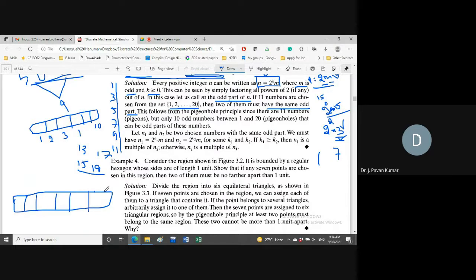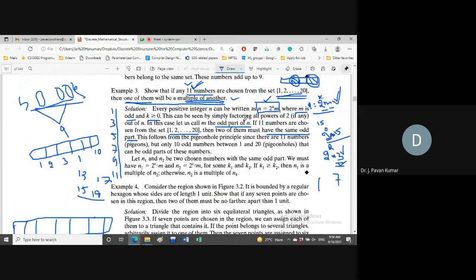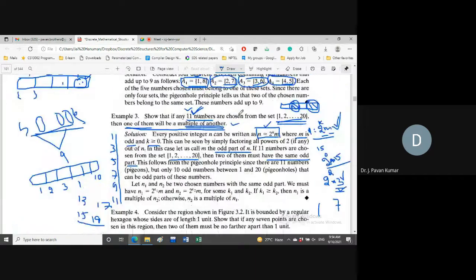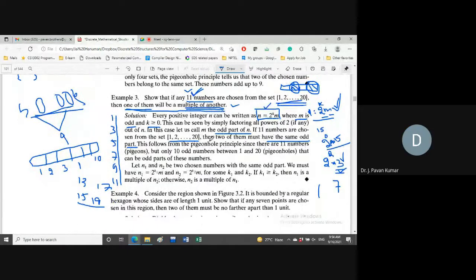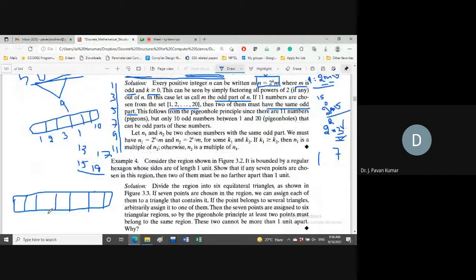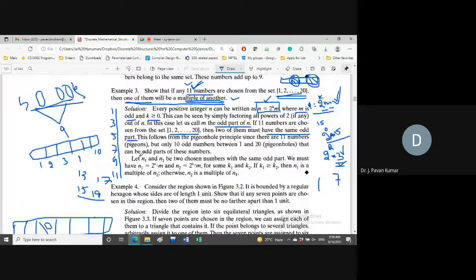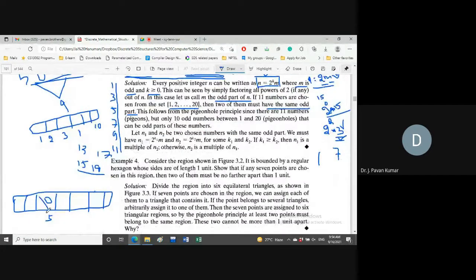Now if you choose one number, let us consider 10. What is the odd part of it? 5. So we will place that 10 into the corresponding pigeonhole, 5. Next, consider another number like 12. What's the odd part? 3.